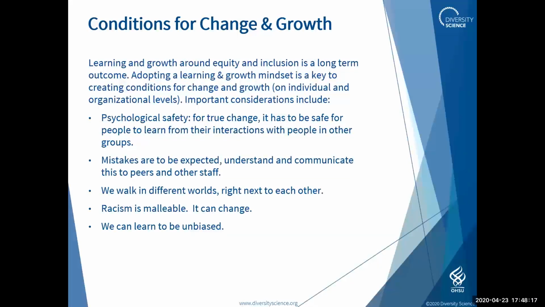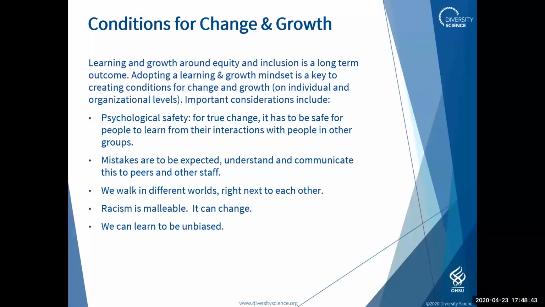Now, here's the beautiful thing, though. When it's done in a context where there's an expectation of psychological safety, where there's a growth and learning mindset, where mistakes are to be expected and people are expected to learn from their interactions versus to perform perfectly, it seems to eliminate that automatic negative reaction to, let's say, anti-racism training.